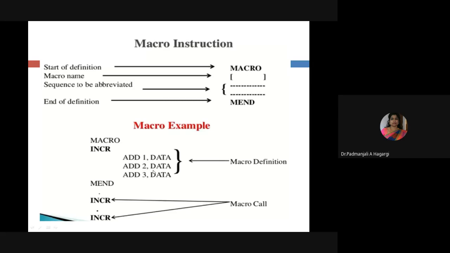Say for example, this is an example only. This is the macro keyword, which is the macro instruction, and it is followed by the name of the macro. The name of the macro can be anything, a user defined name, that is ABC, anything.